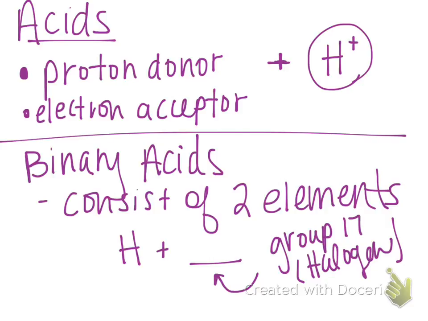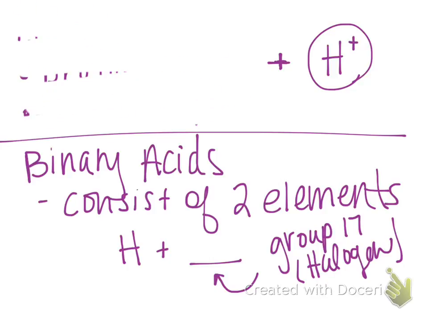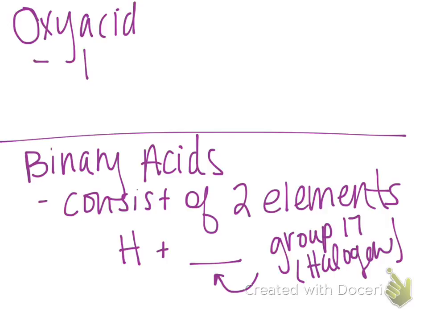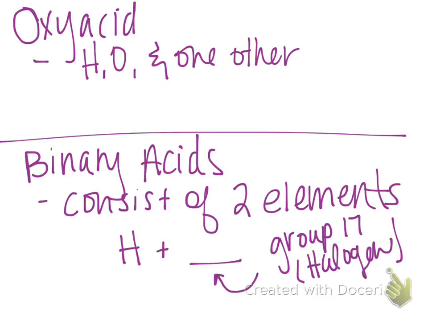The second type of acid that we'll talk about is something called an oxyacid. Okay, what do you think they probably contain? Probably have to contain oxygen somewhere. So they are made up of hydrogen, oxygen, and one other element. And it's usually a nonmetal.